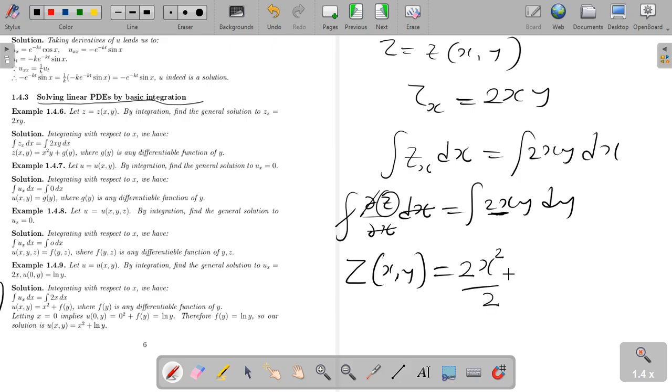The constant here is going to be a function of y.